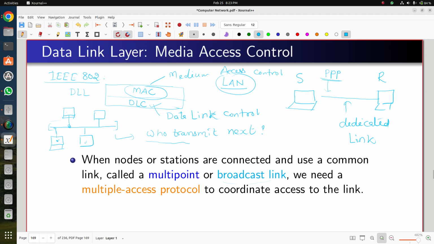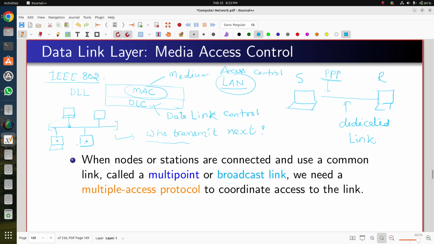Why do we want to address this question? Because suppose that at the same time these two parties want to transmit. If both parties transmit their signal onto this cable, both signals will be combined into a different kind of signal that the receiving machine will not be able to decode. We want to avoid this situation, which is known as collision.